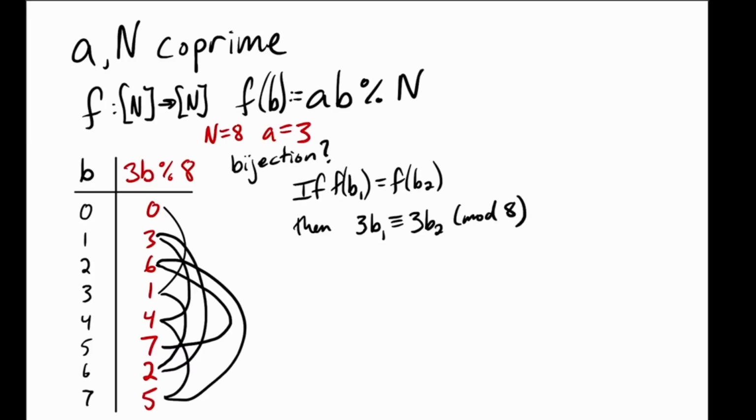And if 3 and 8 are co-prime, which they are, I can do this division. So b1 is congruent to b2.